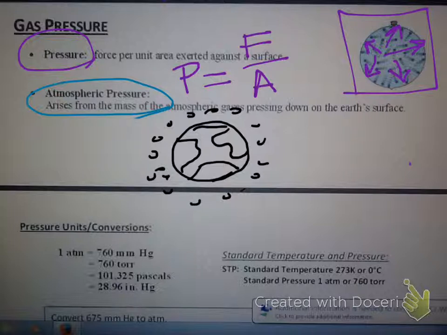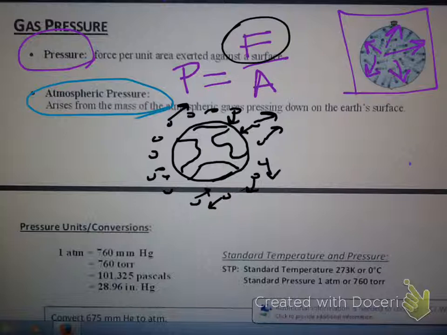Those gases move randomly in the atmosphere in all directions, in straight lines, and they move with a certain force, mass times acceleration. When those particles collide against the surface of the Earth, they incur a certain amount of force against the surface. If you divide the force of the atmospheric gas by the area of the Earth, you get the pressure the atmosphere exerts onto the Earth.